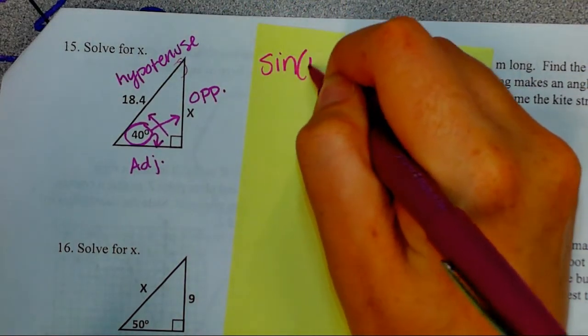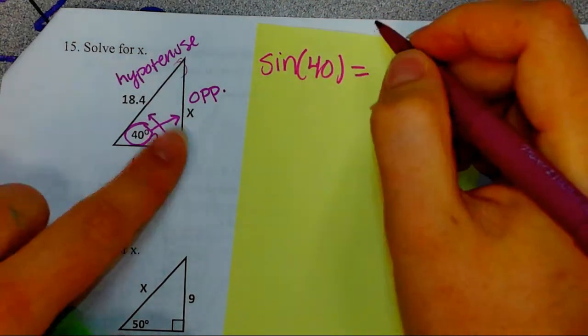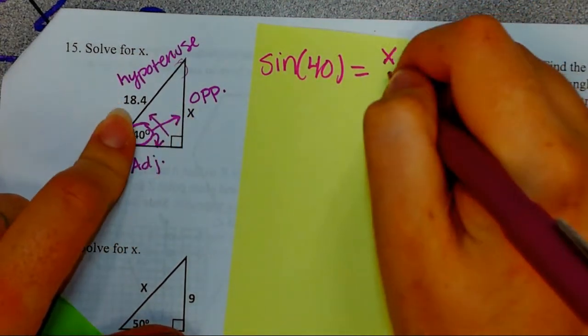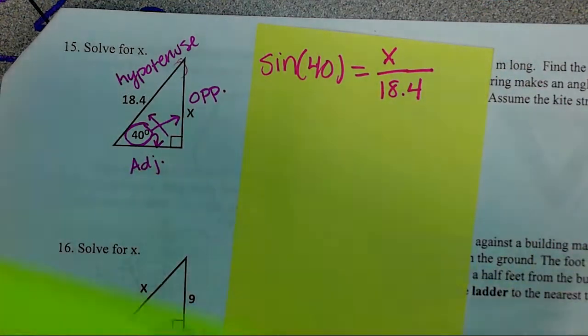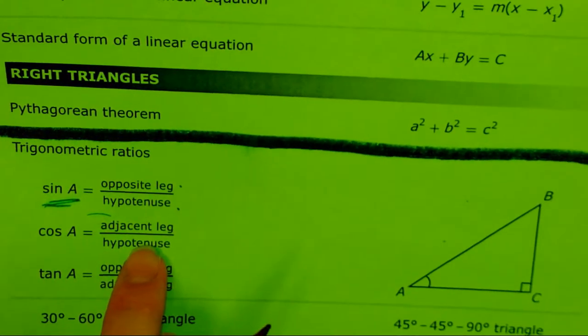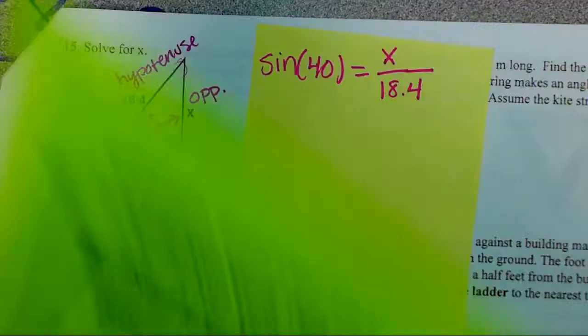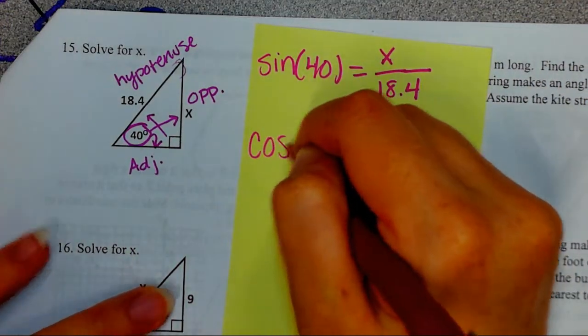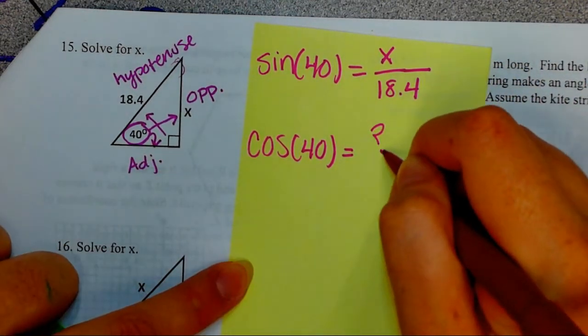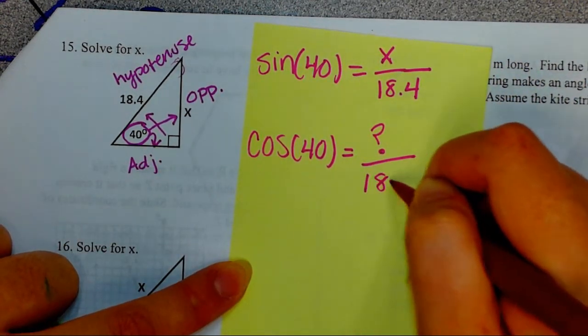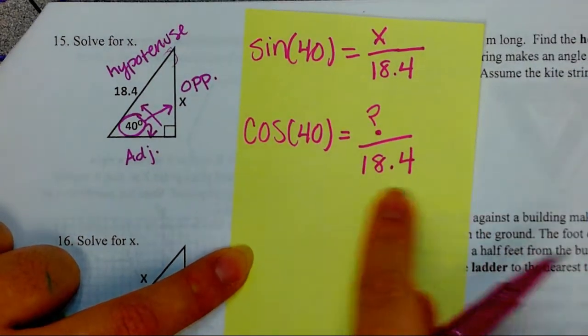So that would be sine of 40 is equal to x, the opposite, over 18.4, the hypotenuse. We could write a cosine, which is adjacent over hypotenuse. So cosine of 40 equals, we don't have the adjacent, so that would be, I don't know, over the hypotenuse, which is 18.4. Or we could write a tangent equation.